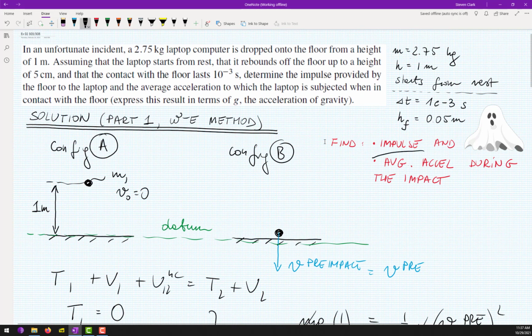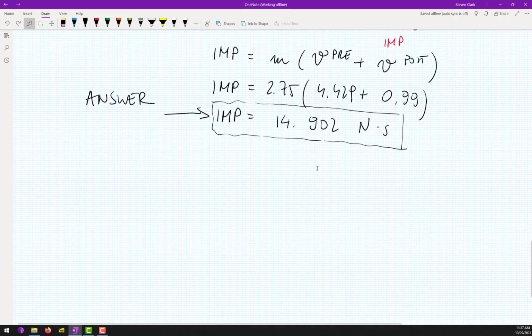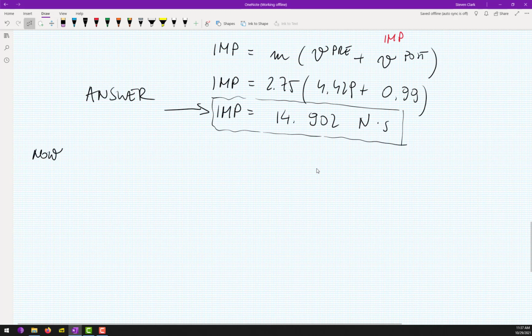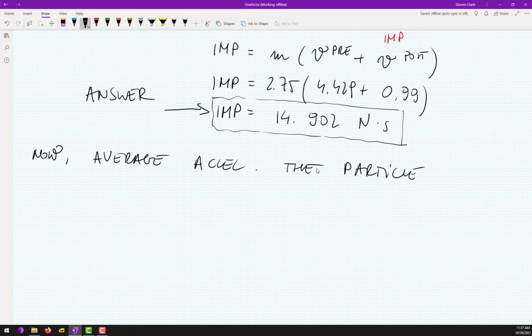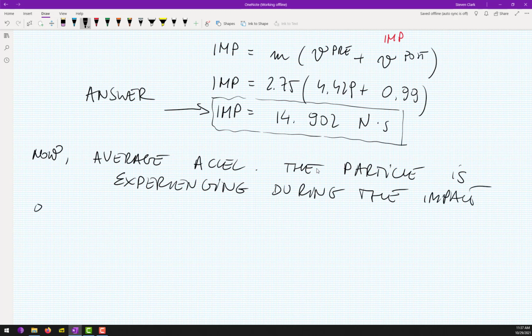They asked us to find the average acceleration the body, the particle, is experiencing during the impact. So A average is the question mark.